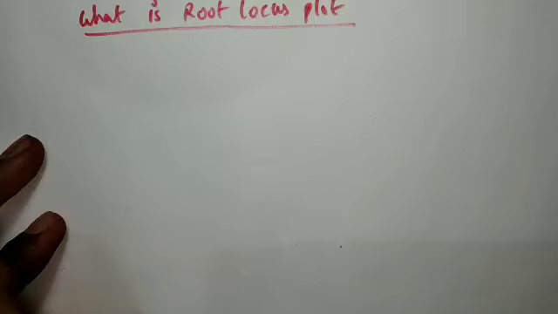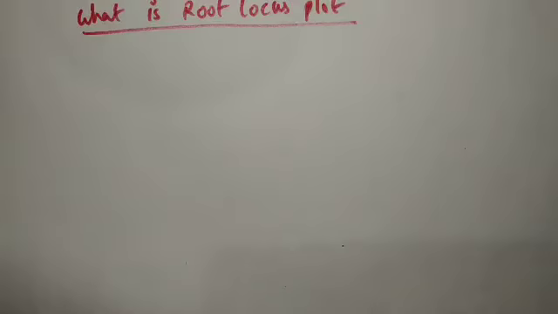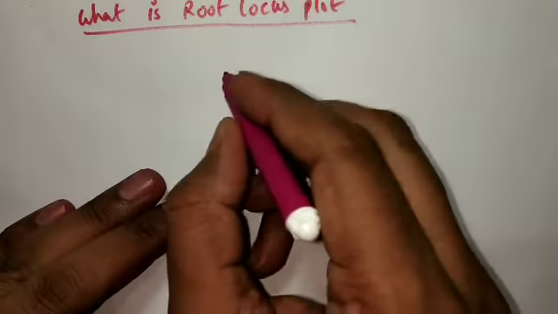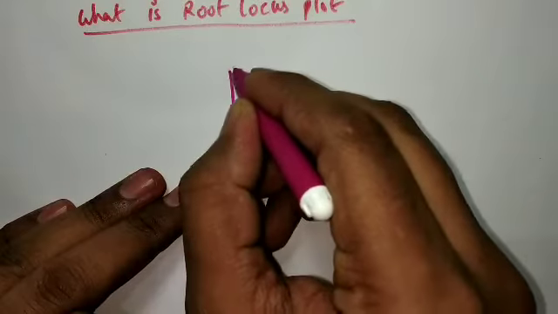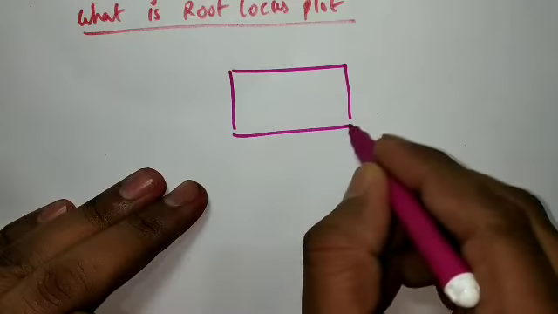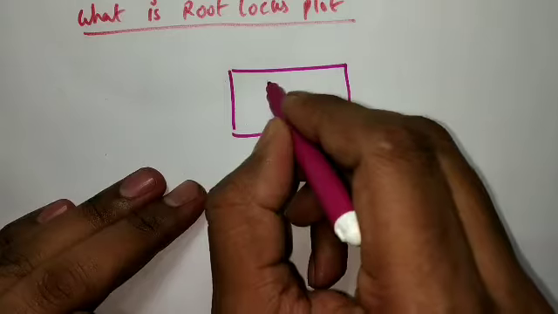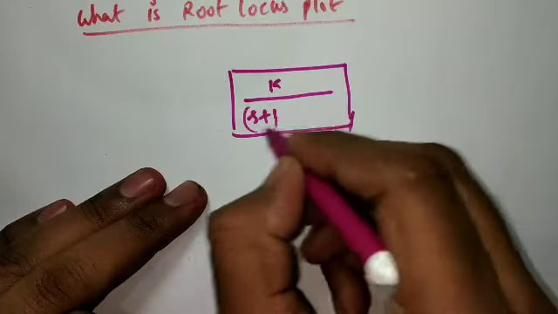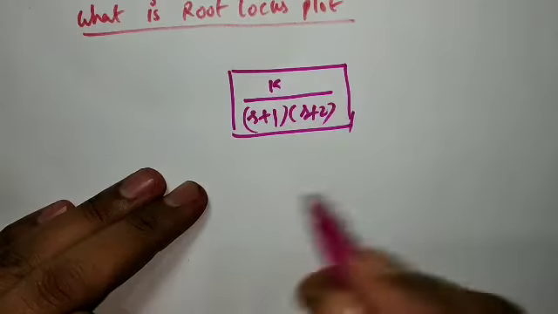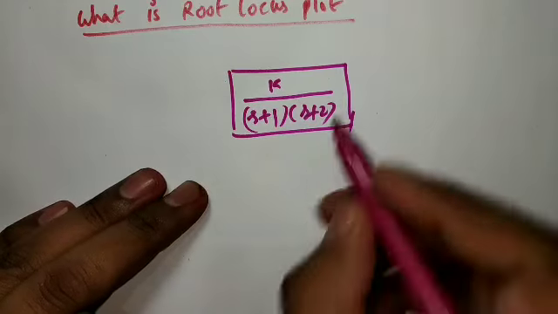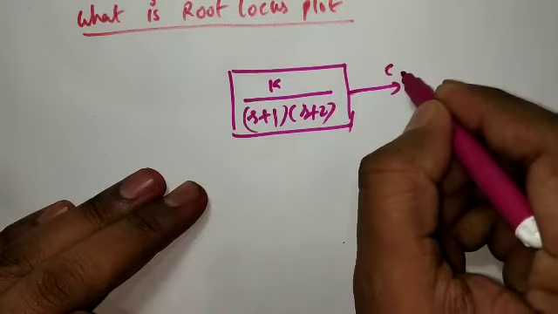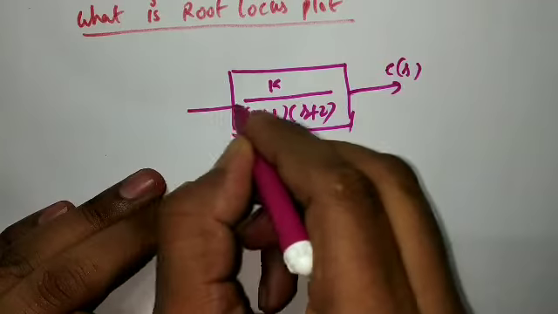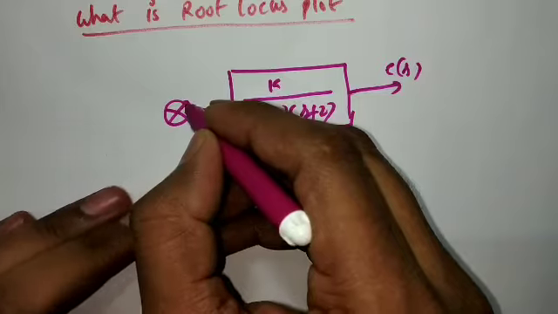If you take any closed loop system, this is a closed loop system. I'm going to take K by (s plus 1)(s plus 2) as G(s).